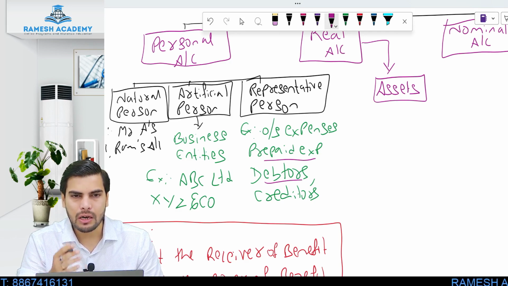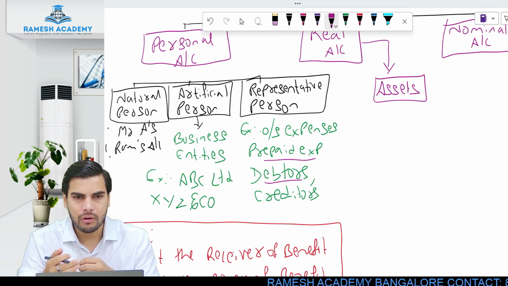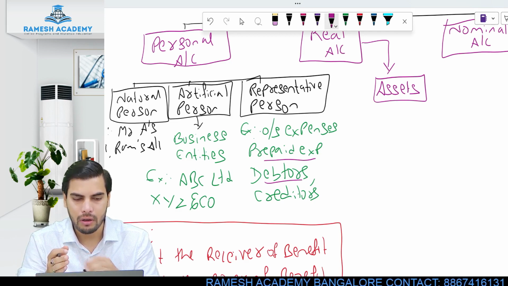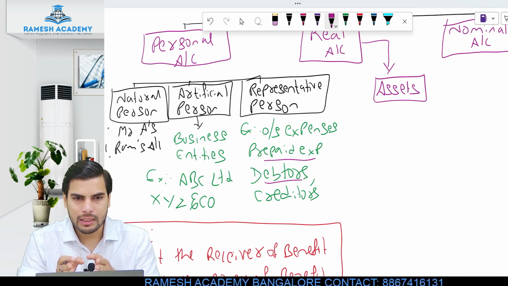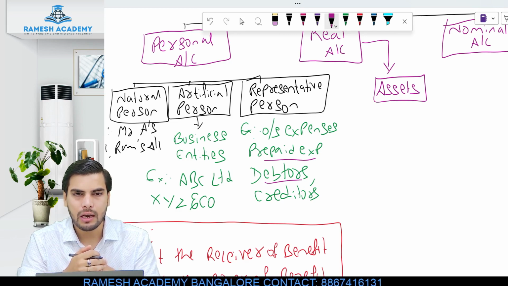Why? Don't you think it would be somebody's bank account? If you are maintaining a savings bank account in, let's say, SBI, it is your bank account, Mr. So and so's bank account. If a business entity is maintaining a bank account, it would be XYZ Limited's bank account. It is somebody's bank account, so it is personal account. Don't get confused. Although it is an asset, it is not classified as real account.